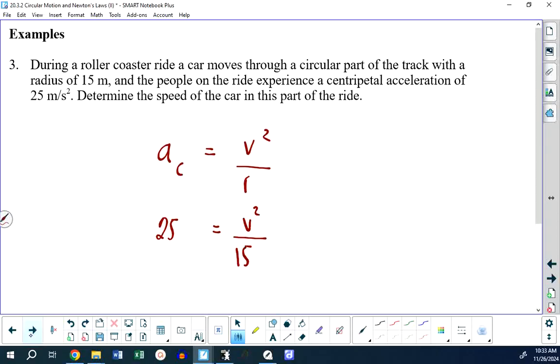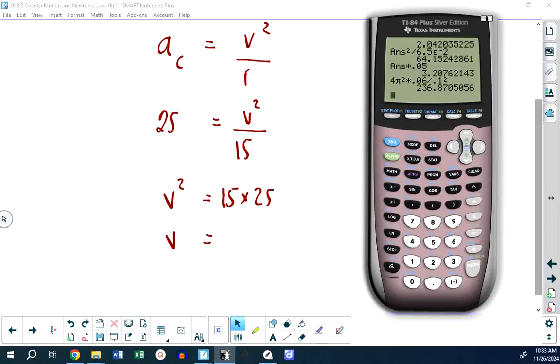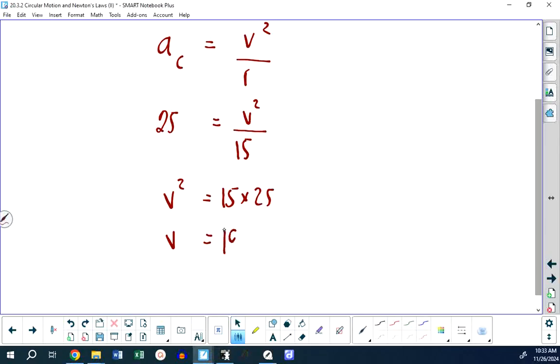You just have to take 15 times 25 to get v squared. Doesn't matter what 15 times 25 is, we're just going to take the square root anyway. About 19 meters per second. Still good? All right.